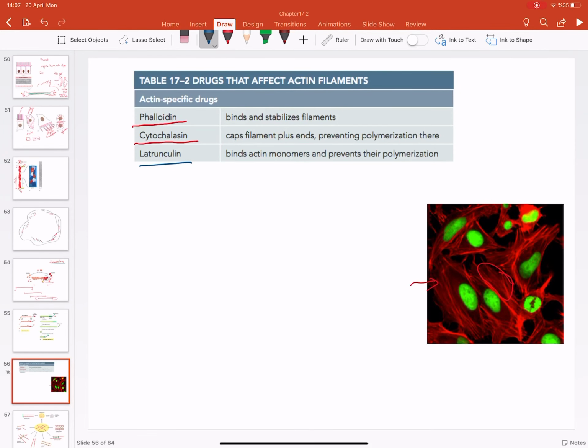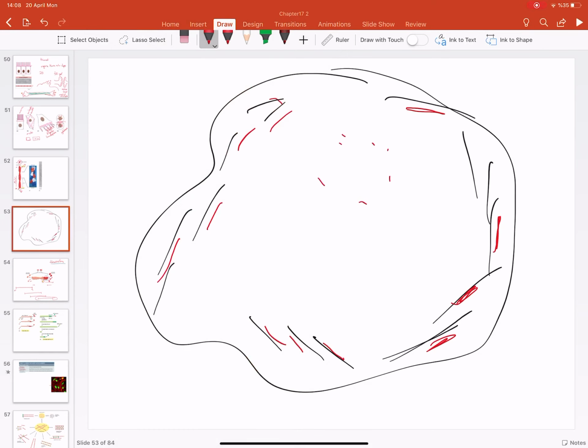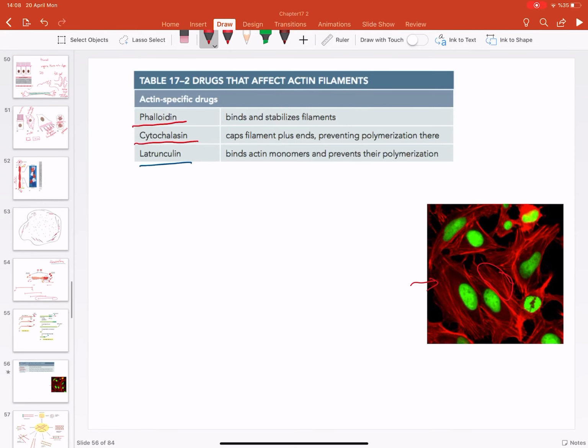It binds to the monomers and prevents polymerization. In this case, you're going to see lots and lots of monomers in the cell. They will not be able to polymerize. So all these actin monomers are useless if you cannot use them for a functional structure, a 2D or 3D structure. And this is what it is doing.